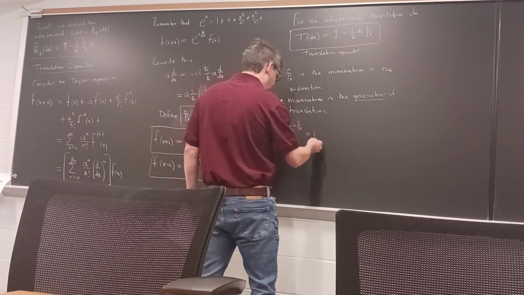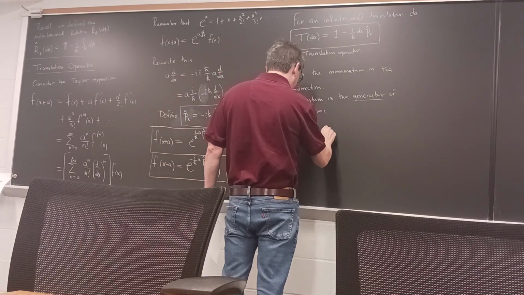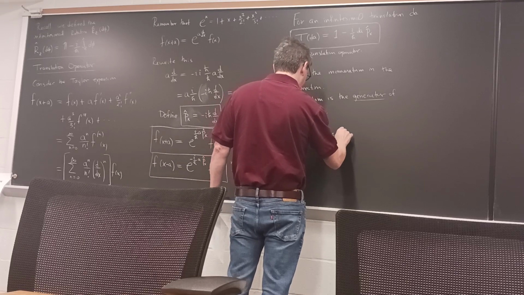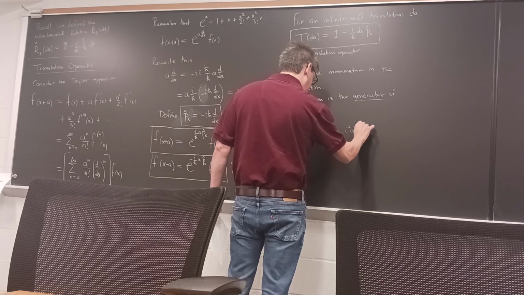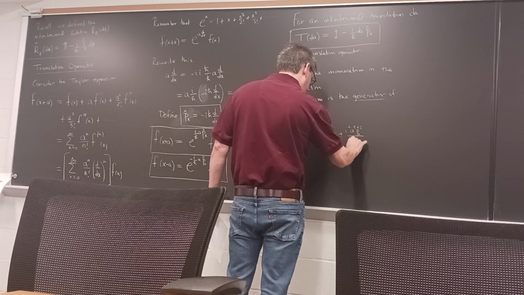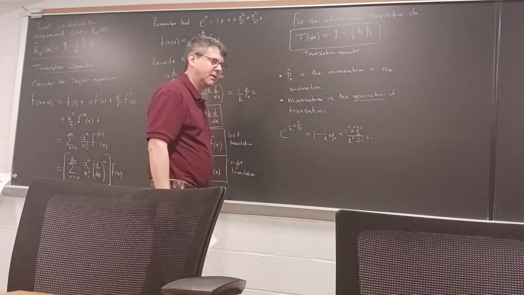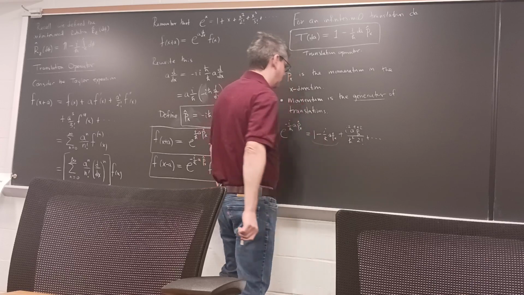The expansion of the exponential is just this thing. So that's 1 minus i over h bar a p hat x, and then you'll have plus i squared a squared p hat x squared over h bar squared 2 factorial plus dot dot dot. But if a is small, then I can just take the first terms.